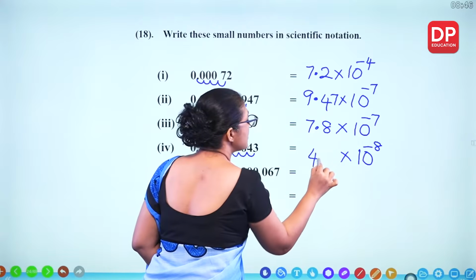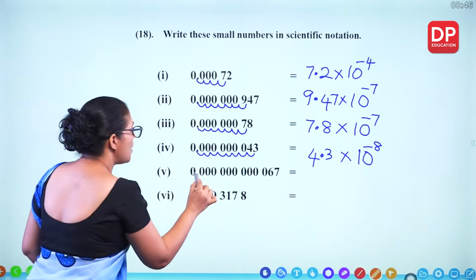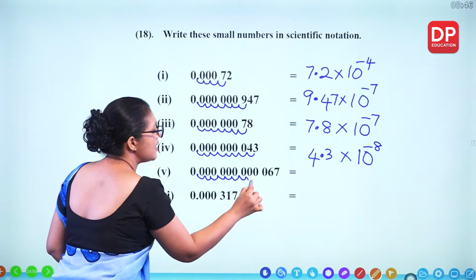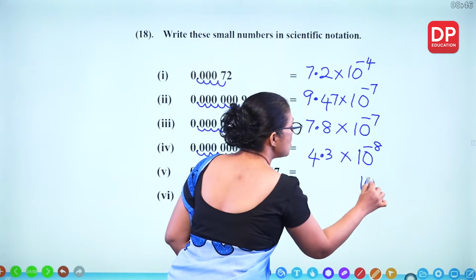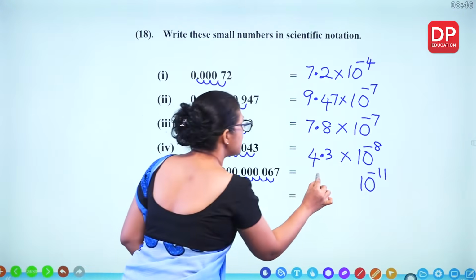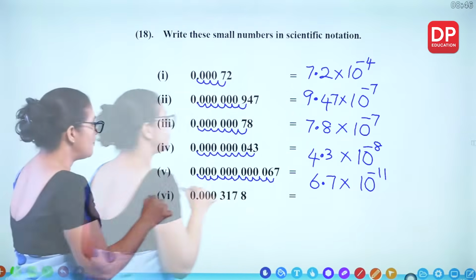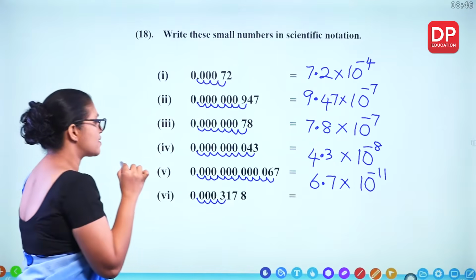That's 4.3. This one, 1, 2, 3, 4, 5, 6, 7, 8, 9, 10, 11 places to the left. 10 to the power minus 11. That's 6.7. This one, 1, 2, 3, 4 places.